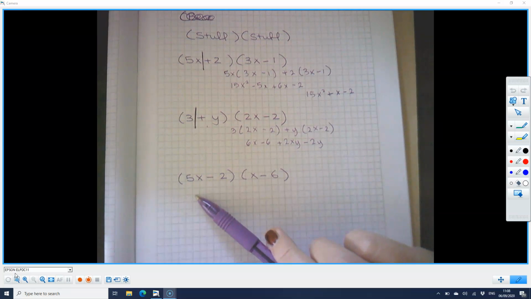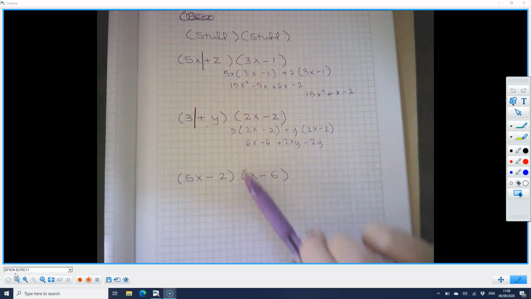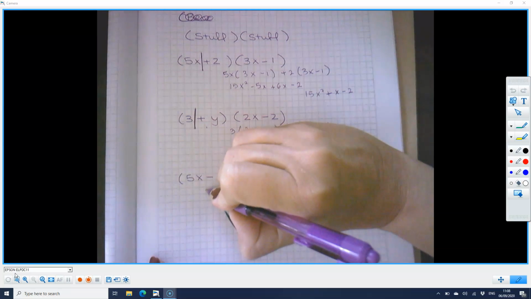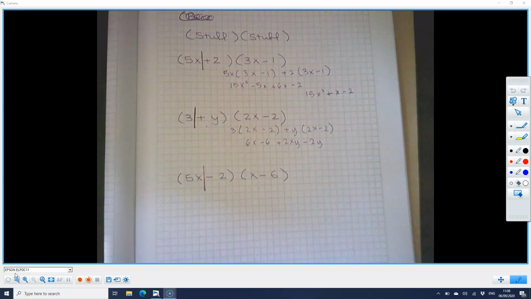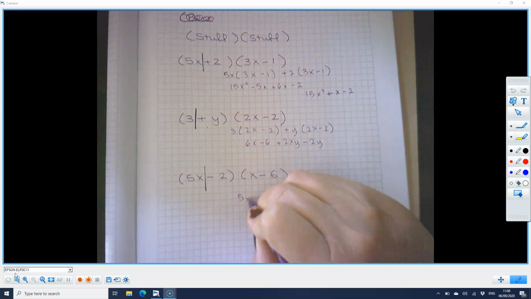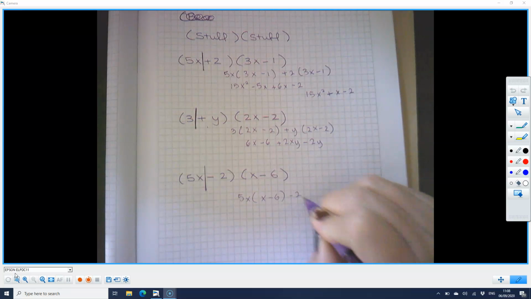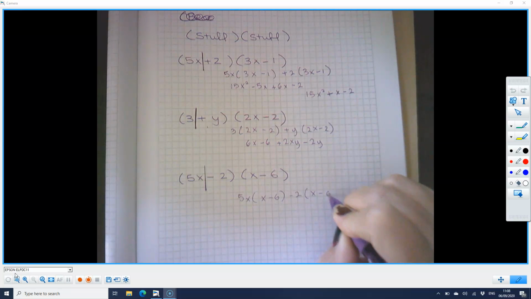Final one of my examples, I have 5x minus 2 in a bracket, another bracket. There's no sign in between, so the first bracket is multiplying the second bracket. So again, imagine splitting the first bracket in front of the sign, right? And then you get 5x times x minus 6 minus 2 times x minus 6.